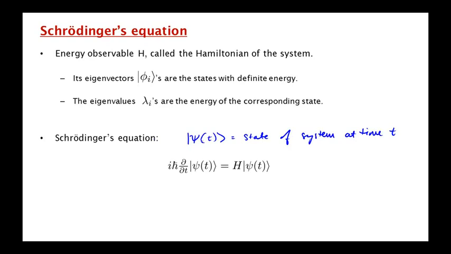So, for instance, we might be given psi at time 0 and the Hamiltonian of the system, and we want to know what's the state of the system at time t, say after 1 unit of time or 10 units of time.